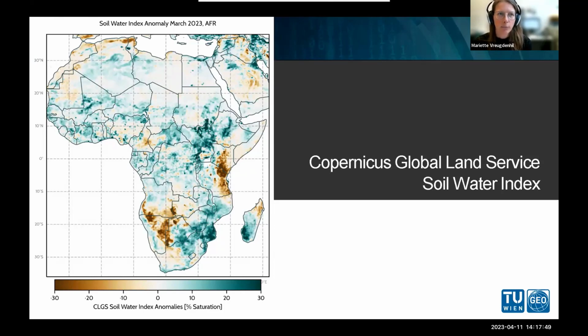This is an example of the soil water index anomaly for March 2023. I processed this last week because this data is available in near real time as well. These are the anomalies for March, where we can see indeed the drought in Tanzania and Kenya and in Namibia as well.